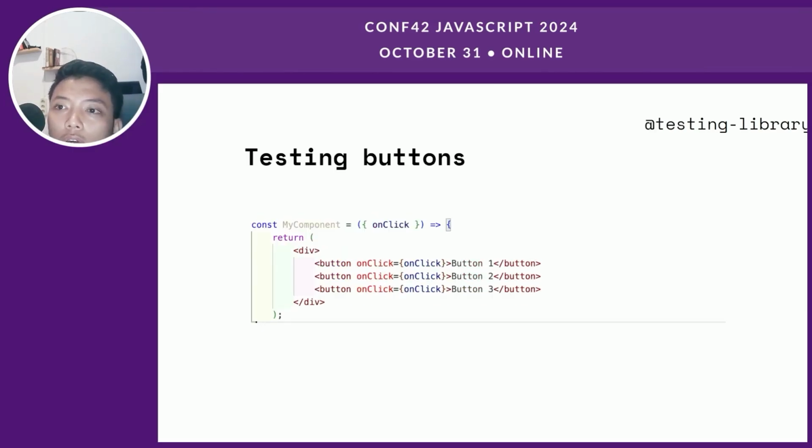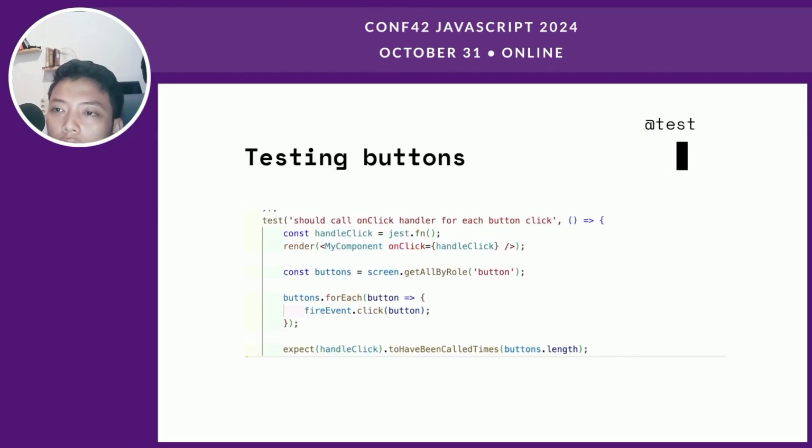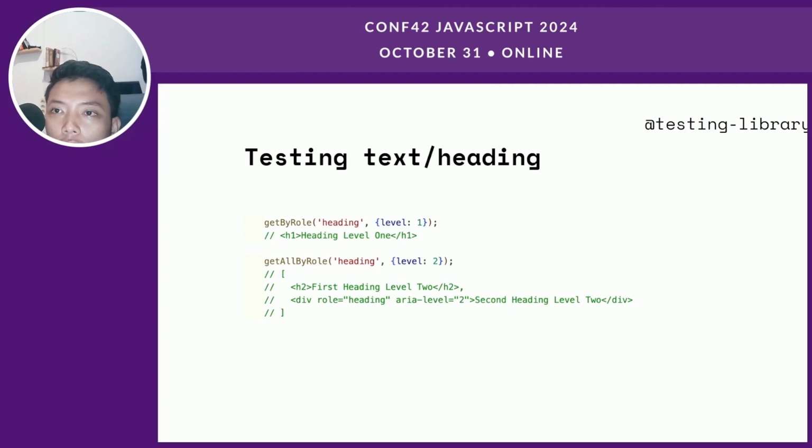If you have multiple buttons, you can use getAllByRole, something like that. It also works well with the role heading. If you're trying to see the heading of level 2, we can just use getByRole heading level 2.